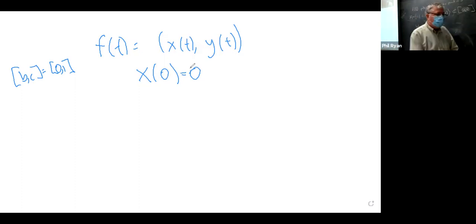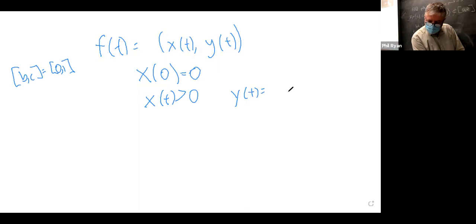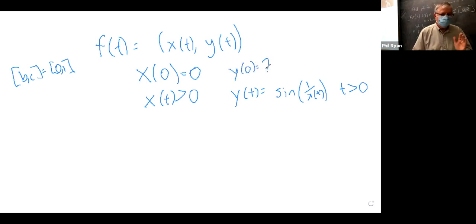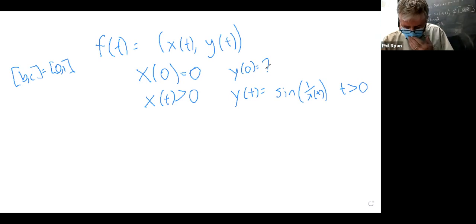And what else? We have that x of t is greater than 0, and y of t equals sine of 1 over x of t for t greater than 0. We don't care what y of 0 is. It's something, but we're not caring about what that is.